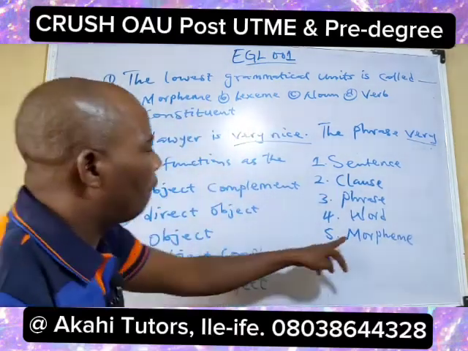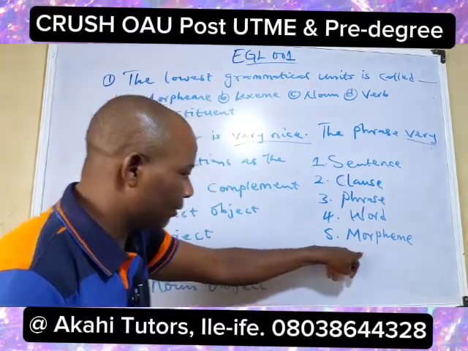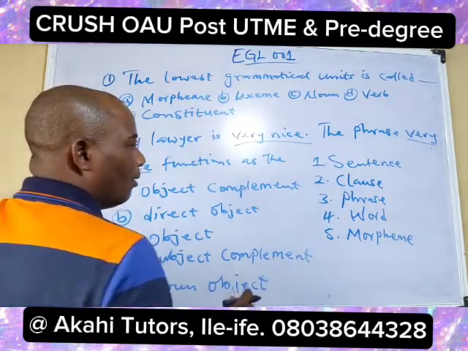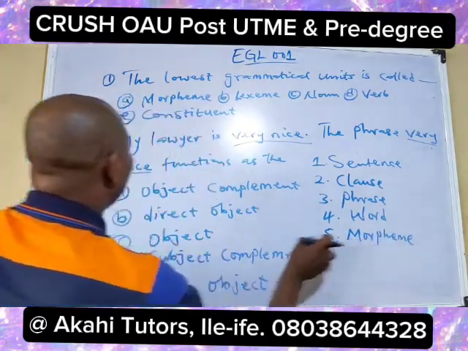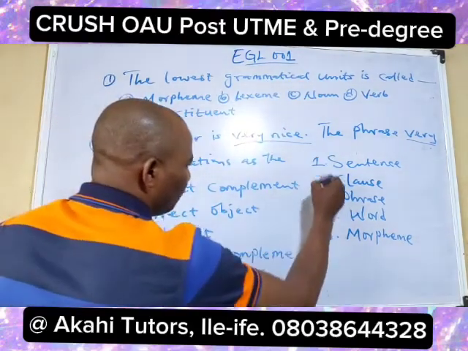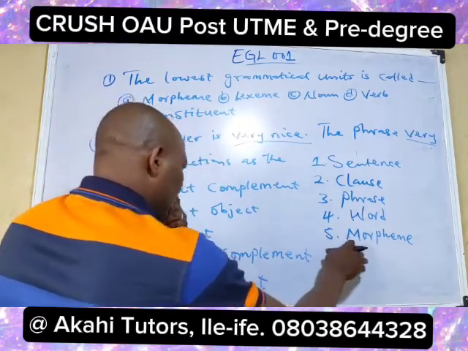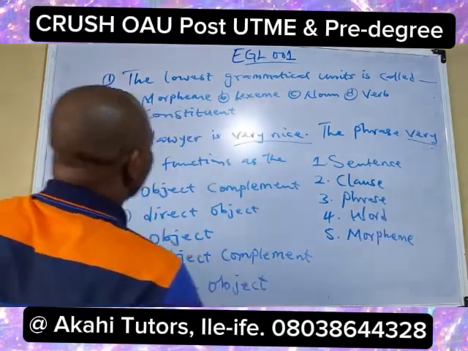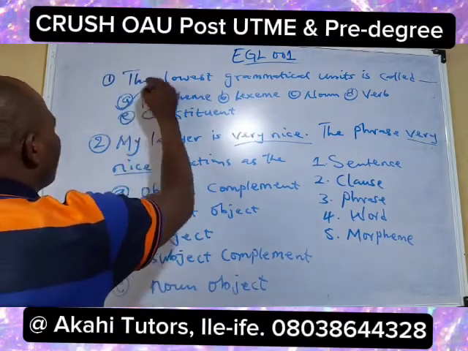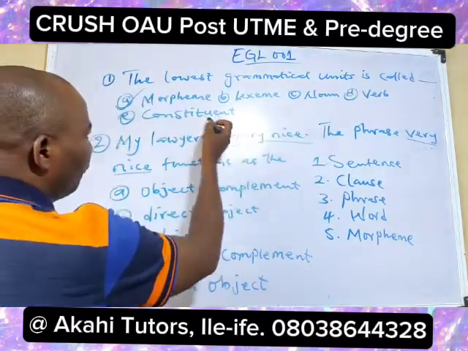So, morpheme is the smallest grammatical unit, which is significant for meaning making. We have types of morpheme, but morpheme is the smallest grammatical unit. Out of these 5, the lowest, the least, or the smallest grammatical unit is called morpheme. So the correct answer to this question is option A.